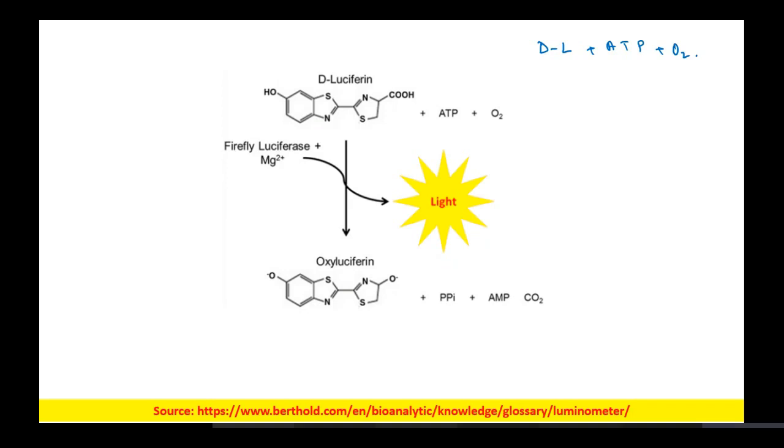The thing is that in the normal cases, what is happening? We are looking into the D-luciferin, and we are assuming that ATP and oxygen and other parameters are in excess. Okay.